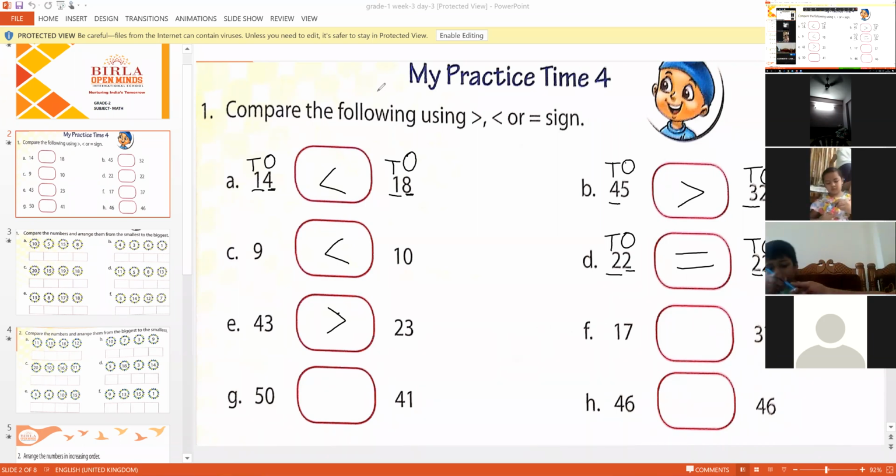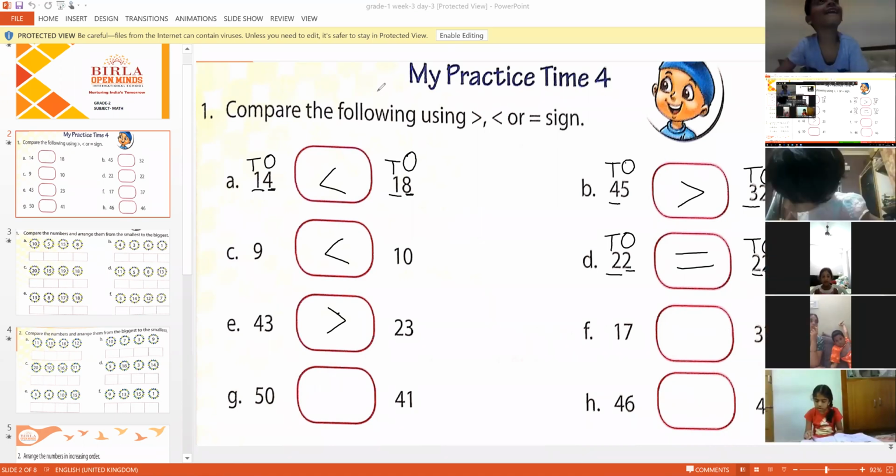Ashwath, you tell me the answer for F bit. 17 and 37. Ashwath, tell me quickly which number is smaller and which number is greater. Ashwath, I'm waiting.